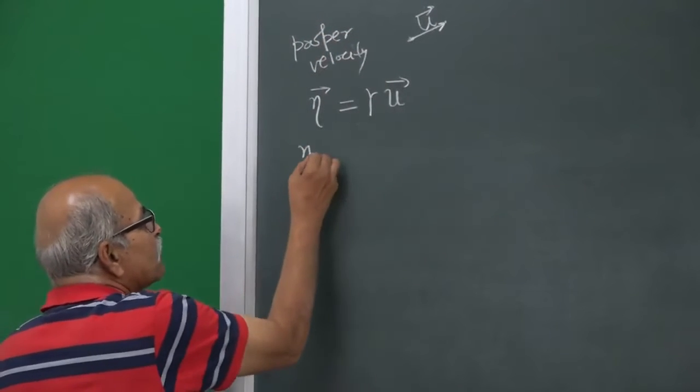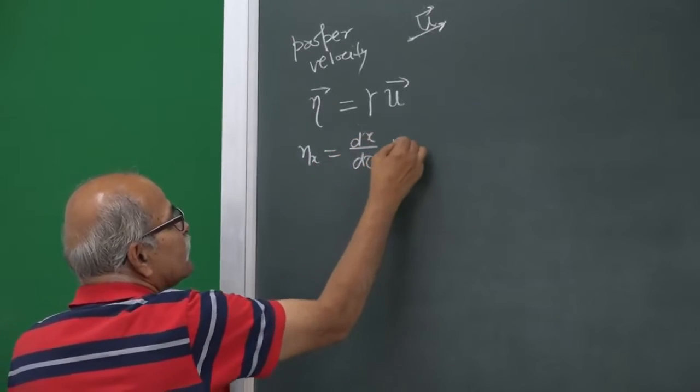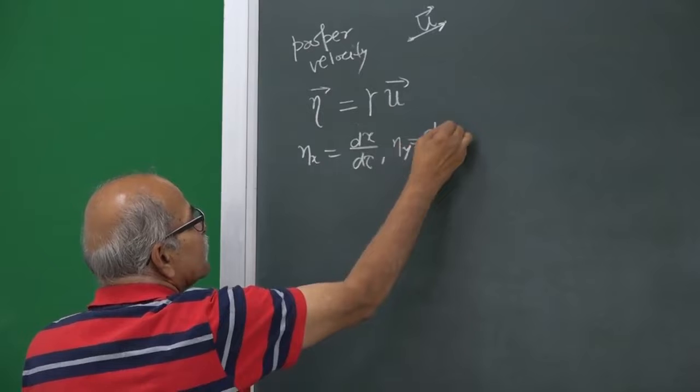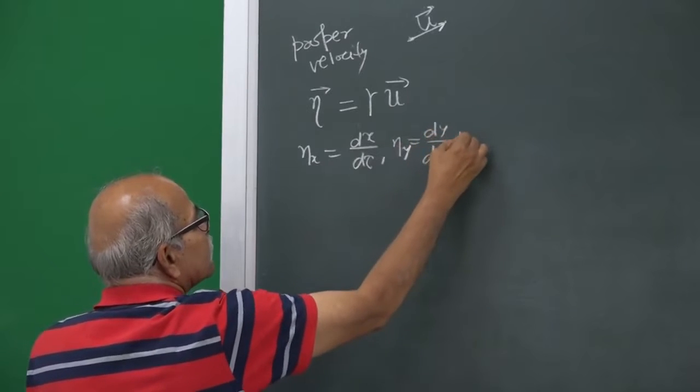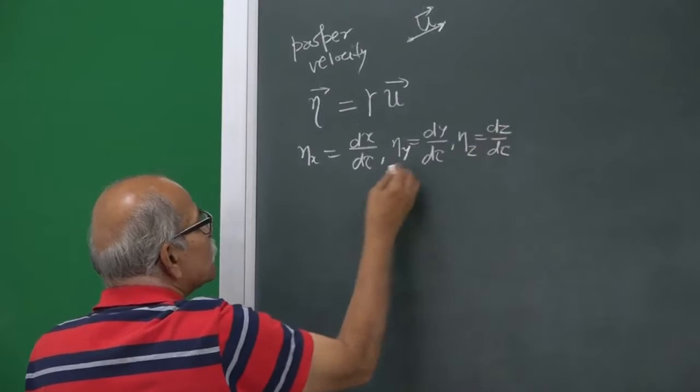And you remember we defined eta x as dx d tau, then eta y as dy d tau, and eta z as dz d tau. And what was this d tau?